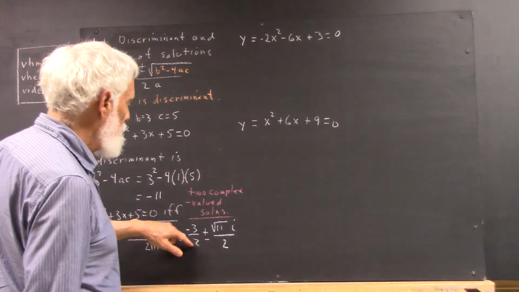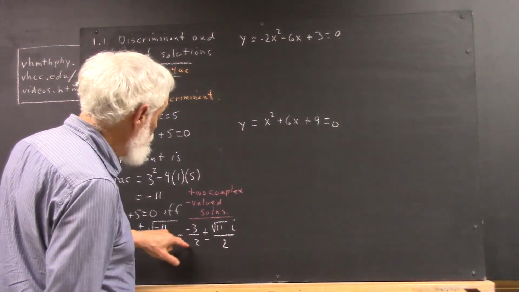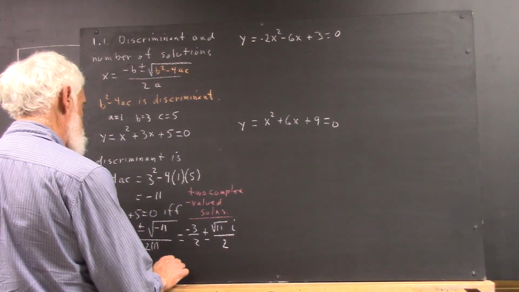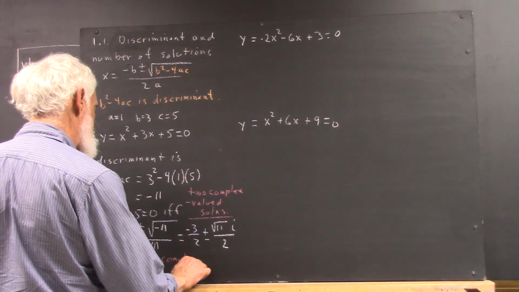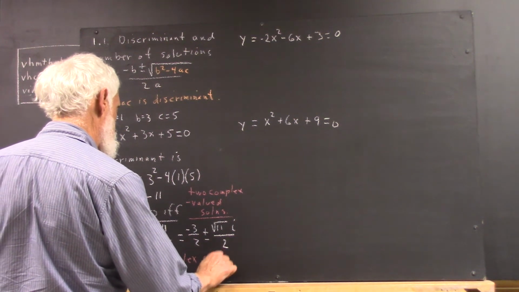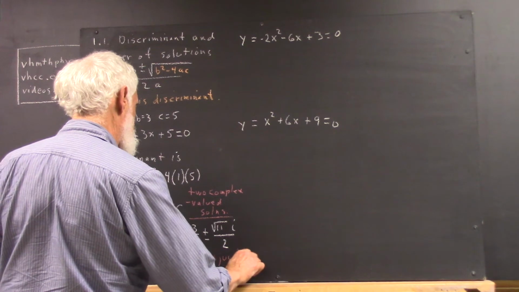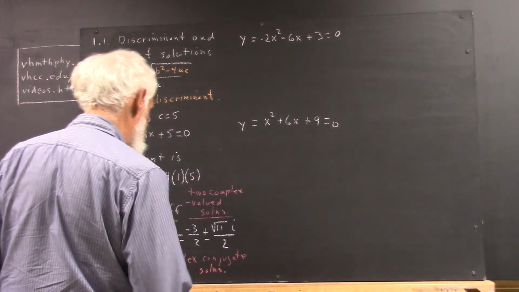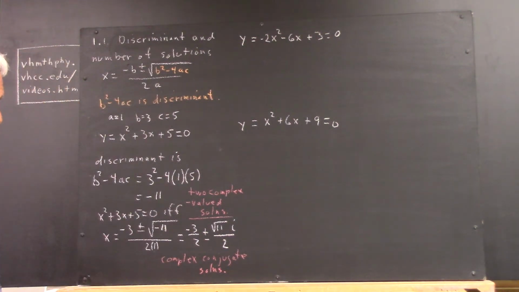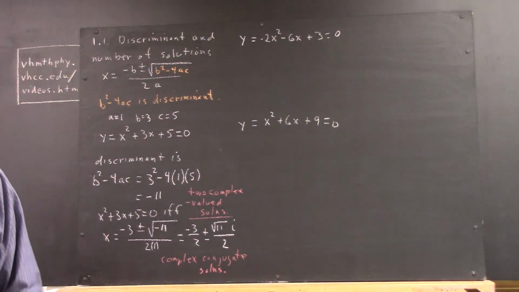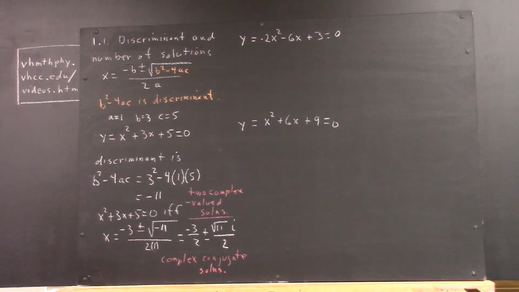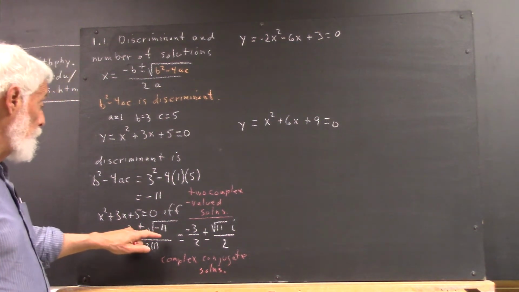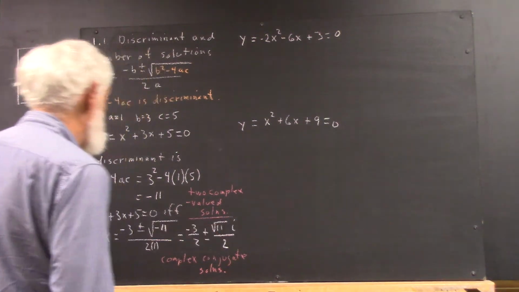They're of the form a real number plus or minus an imaginary number, and we also call these complex conjugate solutions. So the lesson here is when the discriminant is negative, we're always going to have a negative number under the square root, so we're always going to have the square root of whatever that number is times i.